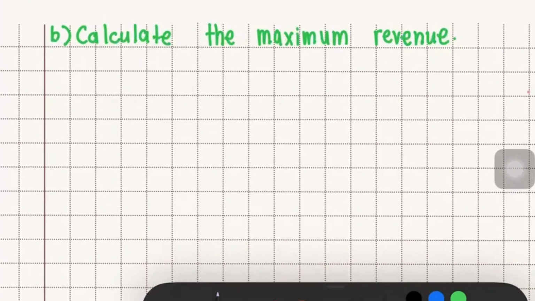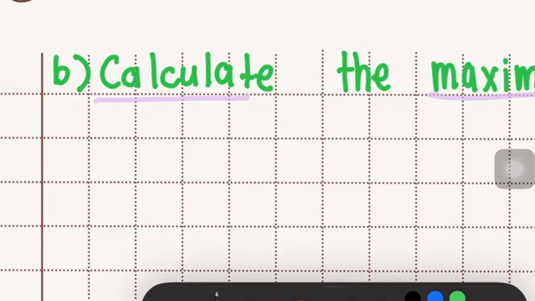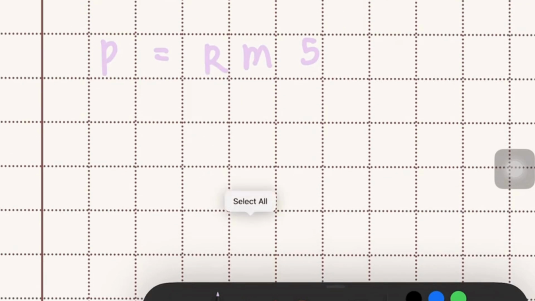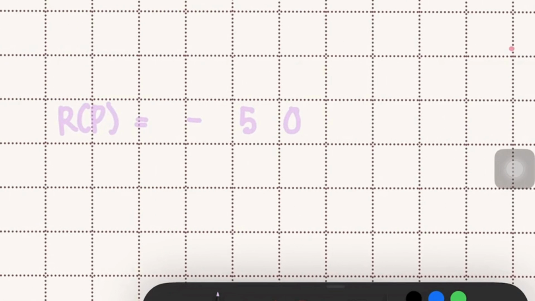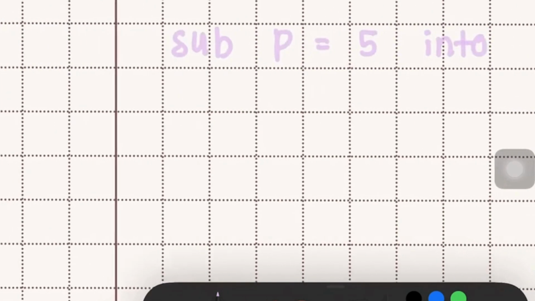The next question states we need to calculate the maximum revenue. Since we know the price of a cup of coffee is 5 ringgit, we need to substitute it into the original equation given. So we substitute p equals 5 into the original equation, which is R(p) equals negative 15p squared plus 500p.